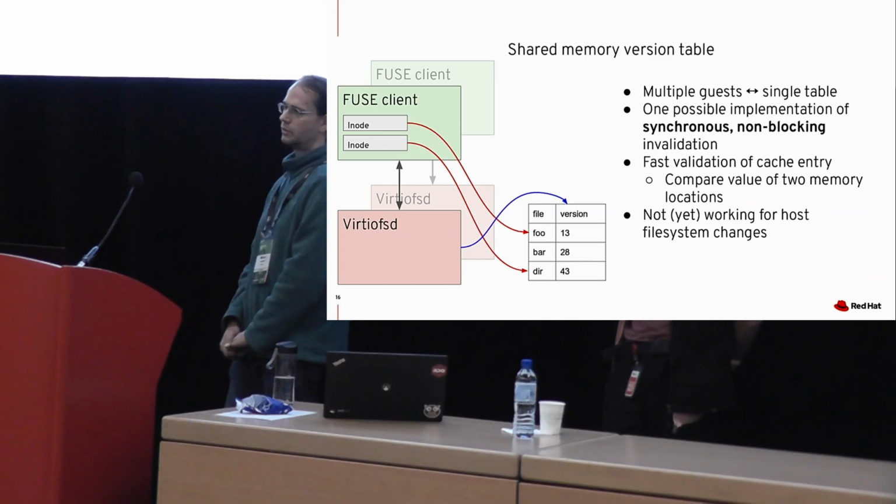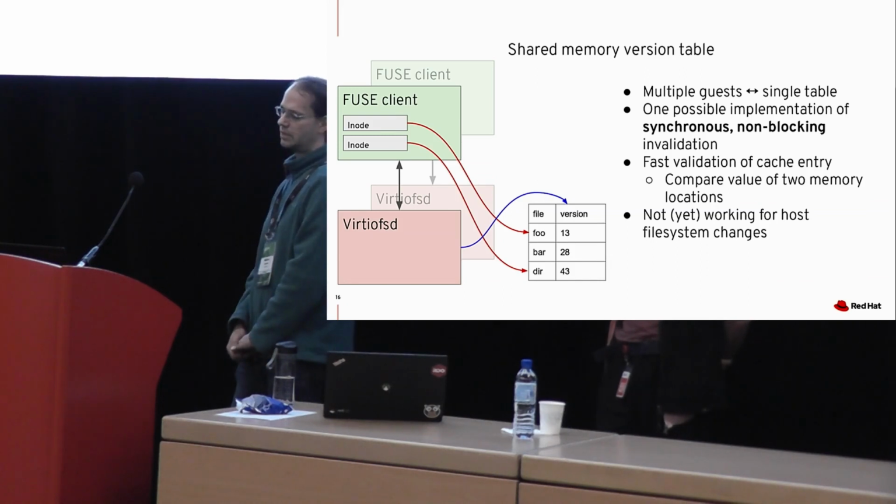If the file metadata is changed, or for example directory contents are changed, then the version number is incremented, and the same piece of memory is seen by all the guests. So this version table is shared between the guests, and is also seen by the server, the virtiofs. And if some file is changed, then a version number is incremented.